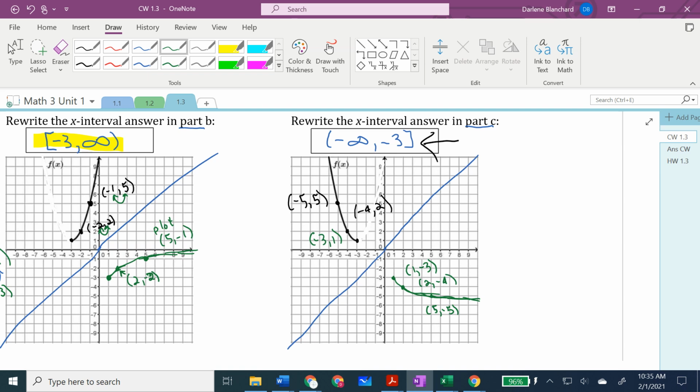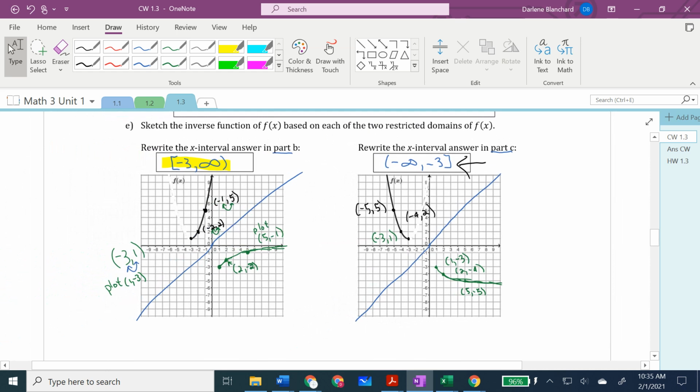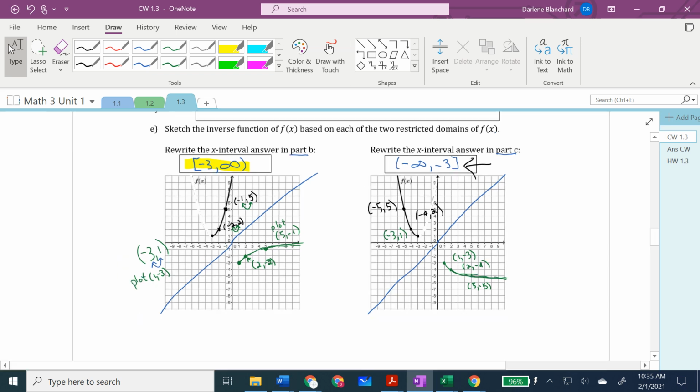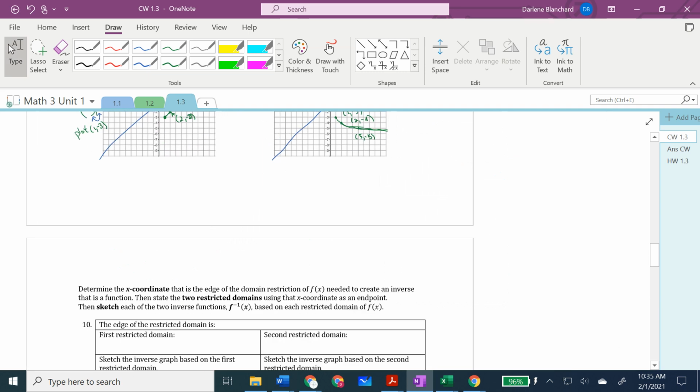And then again, if you tilt your head and you really look at that reflection, those are perfect reflections. So this is teaching you about restricting the domain of a parabola so that it has an inverse that is a function, and being able to look at the two of them together on one screen.